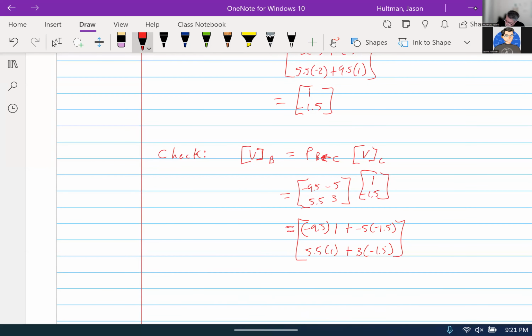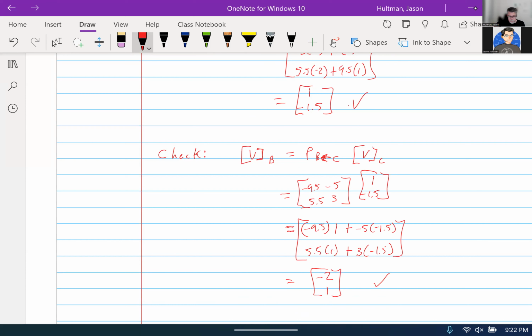So that's 4.5 minus 4.5 on the bottom, which should be 1. On the top, we're going to get 7.5 plus 9.5 times 1. Wait, the top: -9.5 plus 7.5 is negative 2. And the bottom we said was 1. And so it does work.